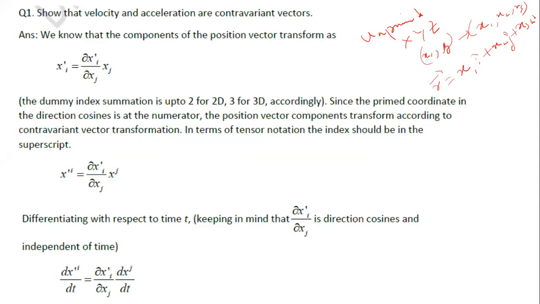Similarly, the position vector in the prime coordinate system will be r prime: x1 prime i cap plus x2 prime j cap plus x3 prime k cap. So these are the position vectors.